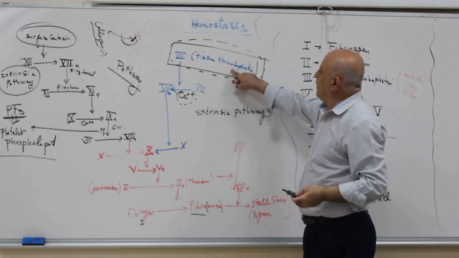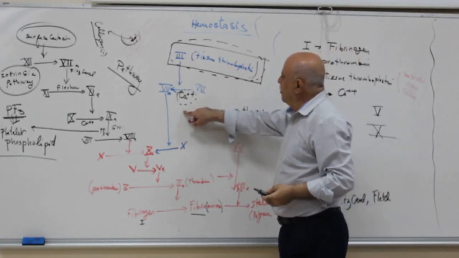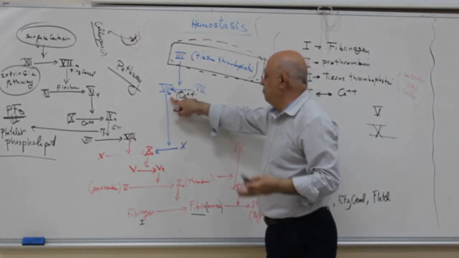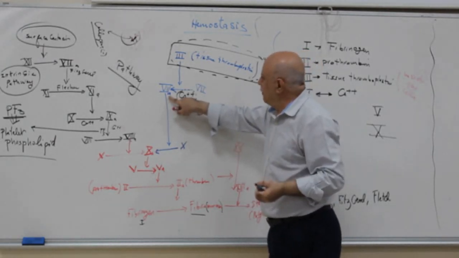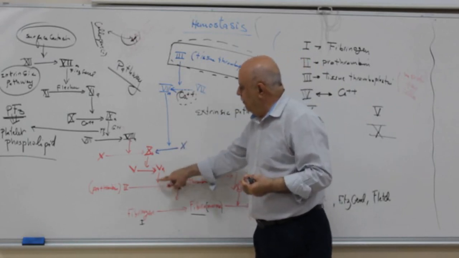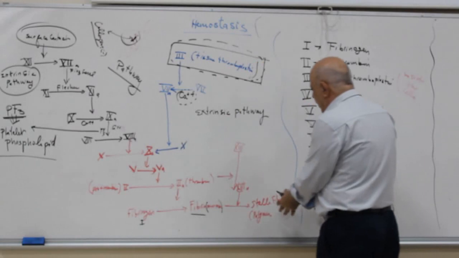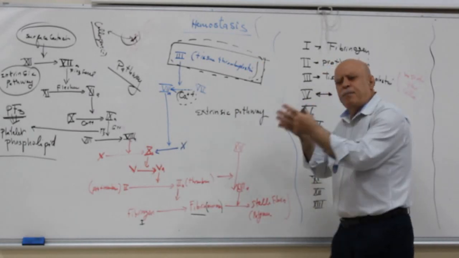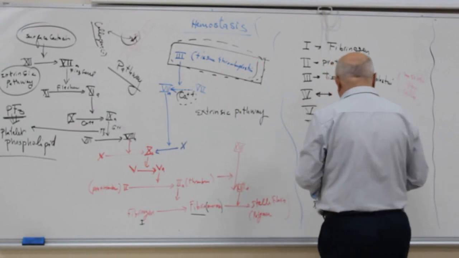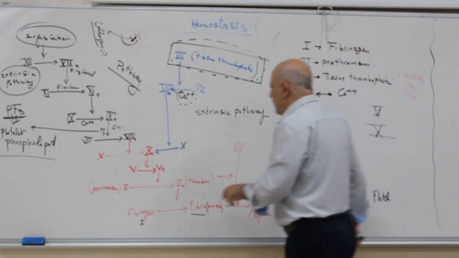If we add tissue thromboplastin with calcium, we'll activate factor 7, which is in the plasma. Activated factor 7 will activate 10, which is in the plasma, and 5, 2, and 1, and we should theoretically get a clot.